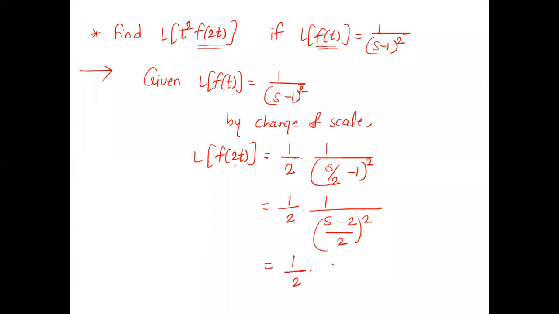So it is 1 by 2 into s minus 2 square upon 2 square. The 2s get cancelled here. It is 2 square means 2 into 2. 2 get cancelled. Only 2 is there. And this is a upon b upon c, so that c goes up: 2 upon s minus 2 square.